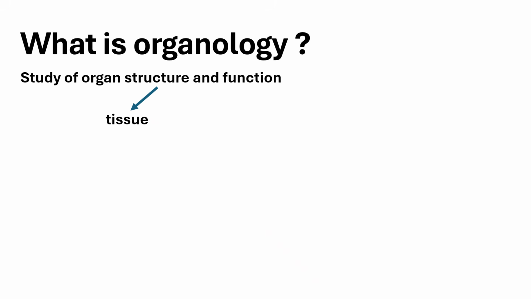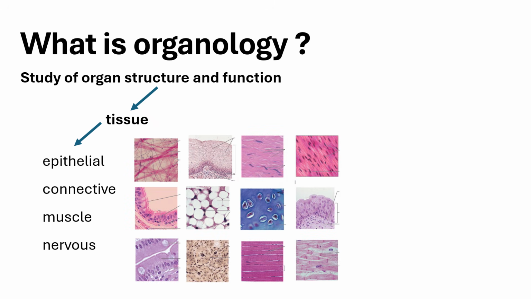So for the structure, we have our tissue. And then when we combine these different tissues, or sorry, the examples of this tissue would be your epithelial, connective, muscle, and nervous tissue. So these are the components. These are the Lego bricks, right, that we mastered last semester.